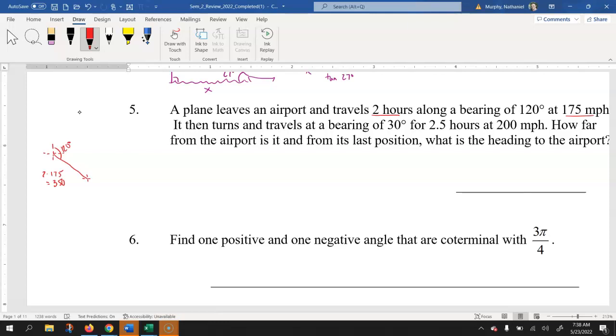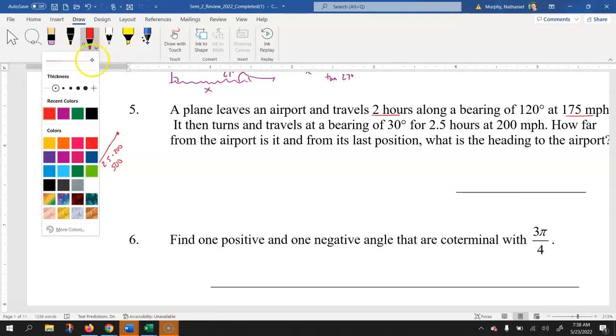It turns and travels at a bearing of 30 degrees. Again, measuring from north, maybe this is 30 degrees here, for 2.5 hours at 200 miles per hour. Make that a little longer, but 2.5 hours times 200 miles per hour means that in that time they travel 500 miles. Okay, so that's important.